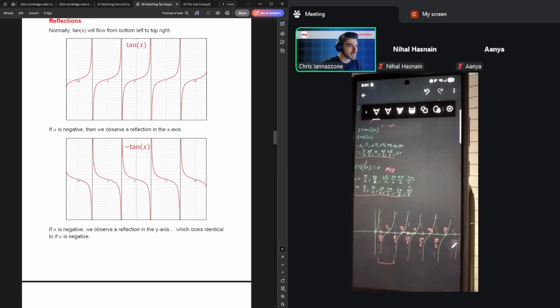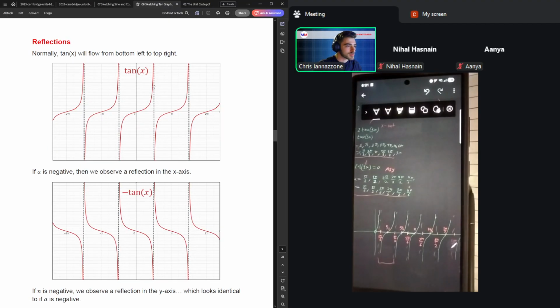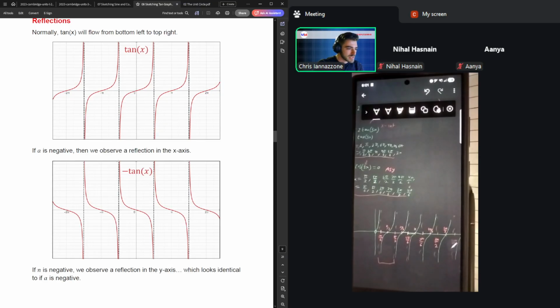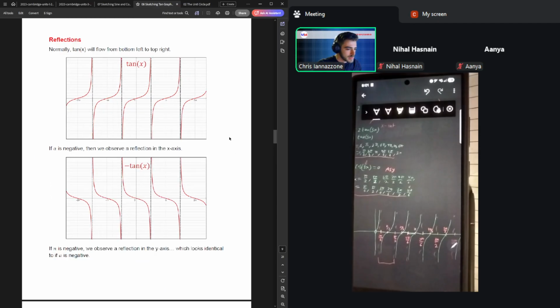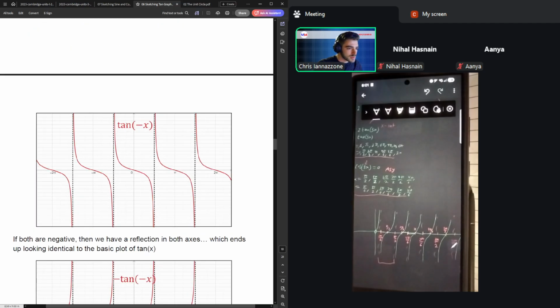So if we have a look back at the screen share section, reflections. I actually just brought this up, right? Positive tan is normally going to flow from the bottom left to the top right, just like how the cubic works. If it's negative, it's going to flow from the top left down to the bottom right. One of the interesting things about tan is that it's referred to as an odd function.